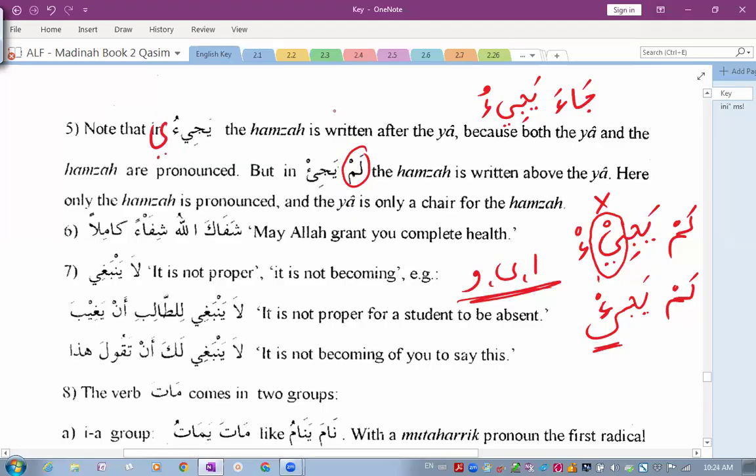Hamza can come in the beginning. So for example, you say, amana.